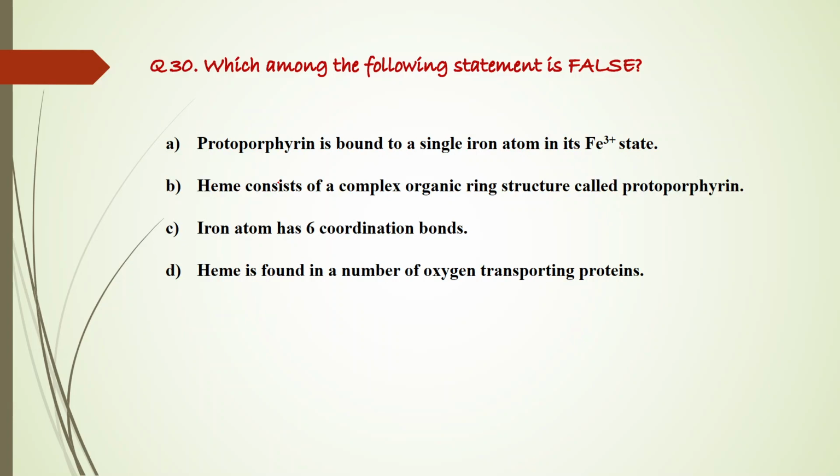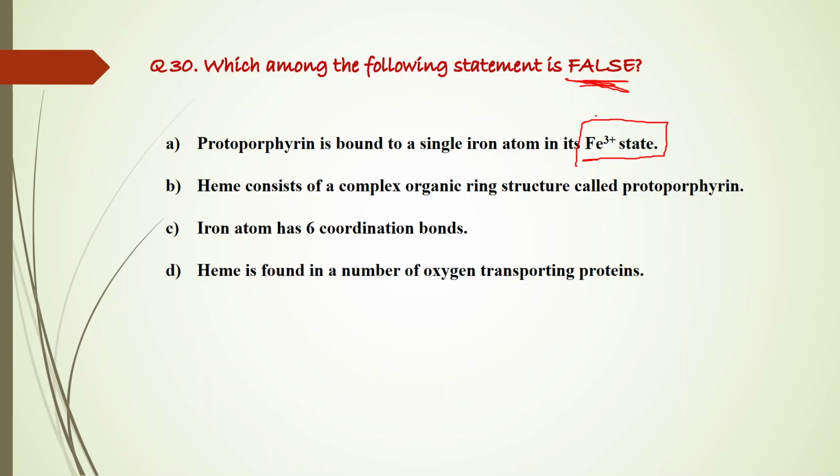Which among the following statements is false? Let us see. You have to identify the false statement. First one saying, protoporphyrin is bound to a single iron atom in its Fe3 plus state. Does the metal remain in the Fe3 plus state in case of binding with hemoglobin or myoglobin?